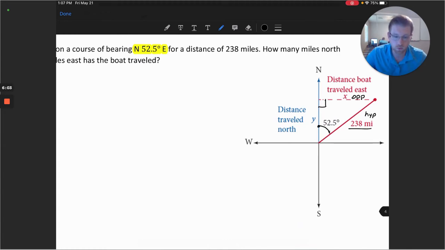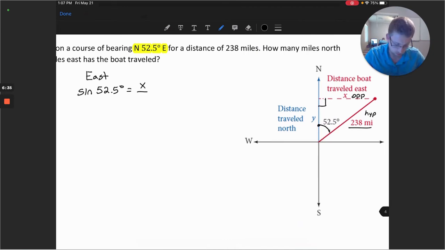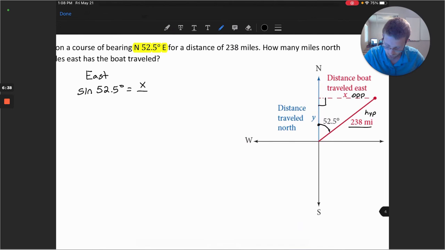So if I'm going for the distance I've traveled east, I can consider that first, the direction I've gone east. We can consider solving for x here using our sine function. So I know that the sine of 52.5 degrees is equal to x divided by my hypotenuse, which is the distance, 238.